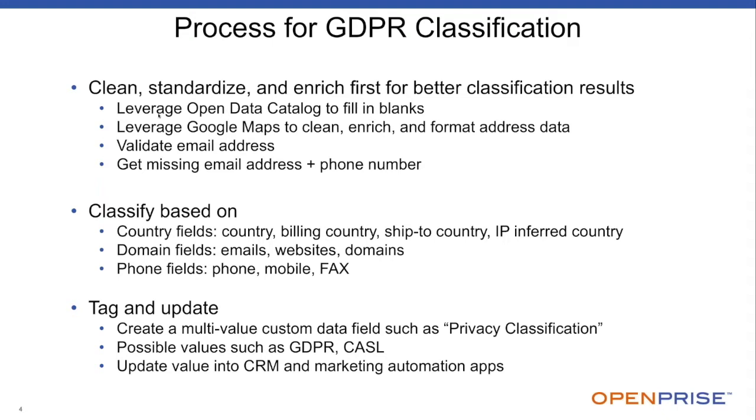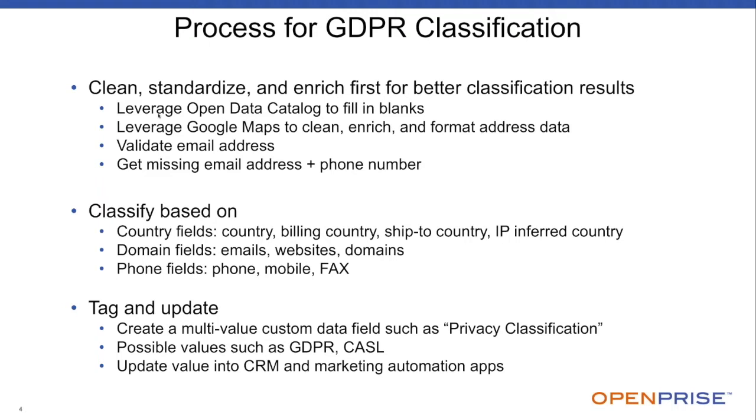Now, once you have the data clean and rich, when we do the classification process, we look at everything about the data record that you pull into our system to help make that determination, because the GDPR mandate is extensive enough that it doesn't just cover, for example, the person's country of origin.